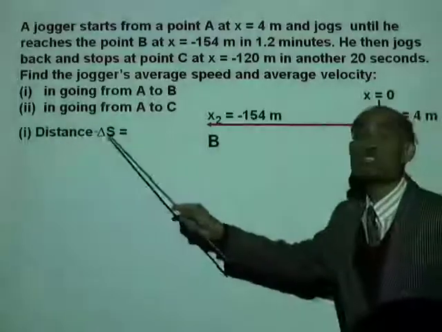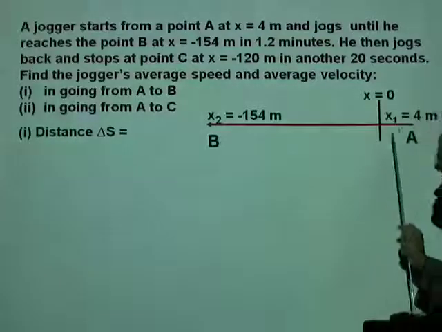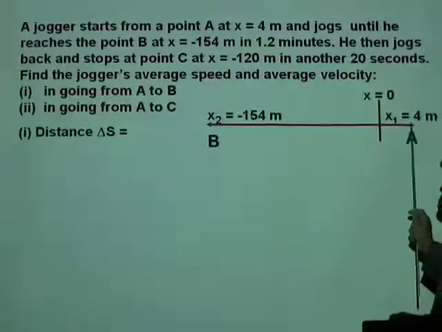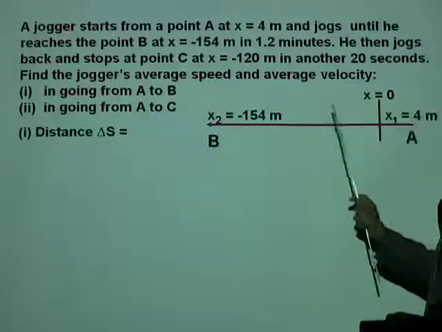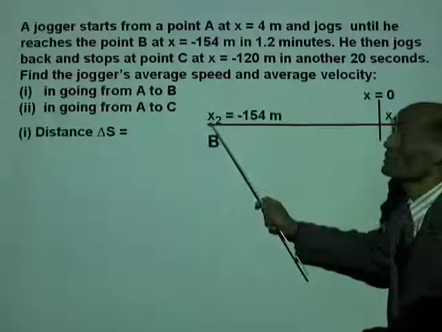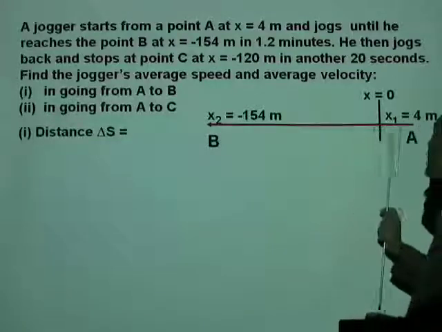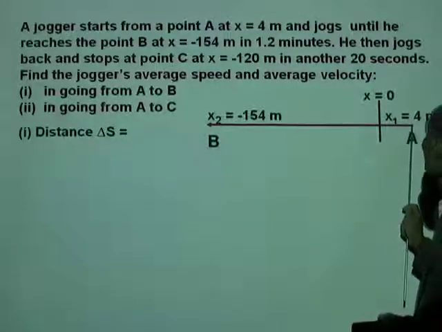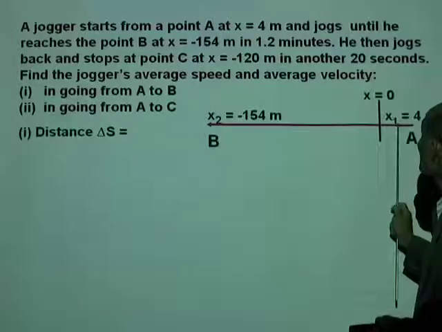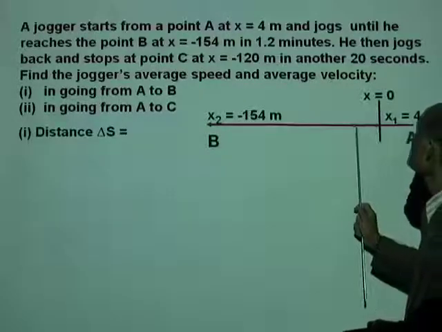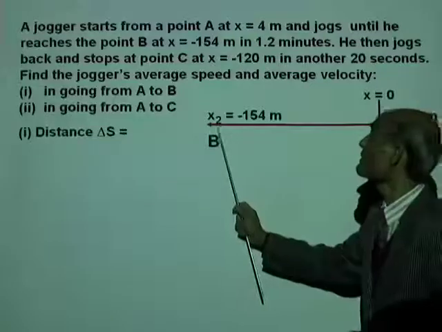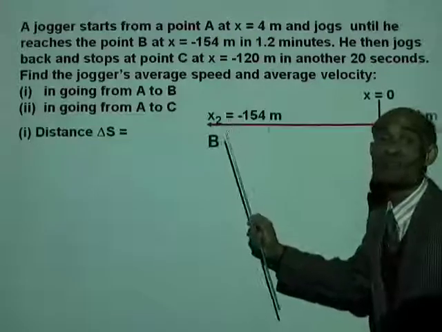What is the distance delta S covered by the jogger? His initial position is x1 equal to 4, x2 equal to negative 154. Look at the distance he's covered. He covered from 4 meter to 0, that is 4 meter, and from 0 to negative 154 is 154.